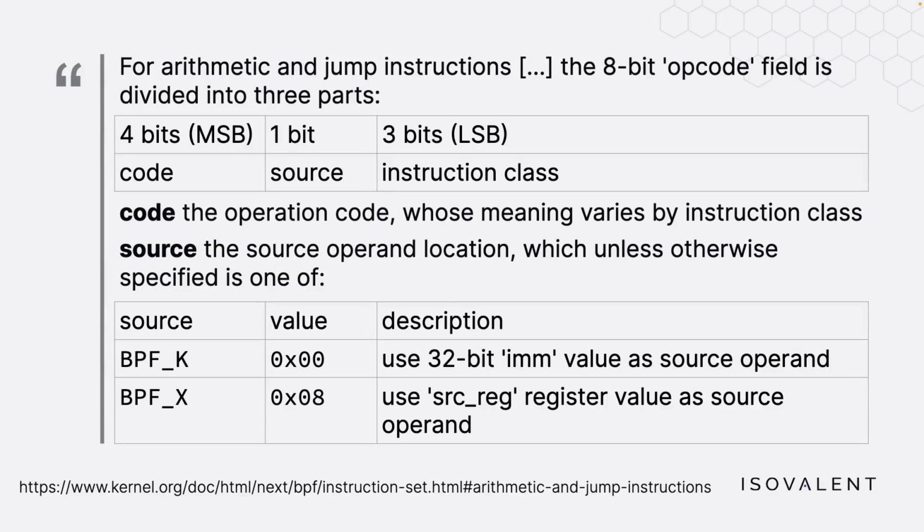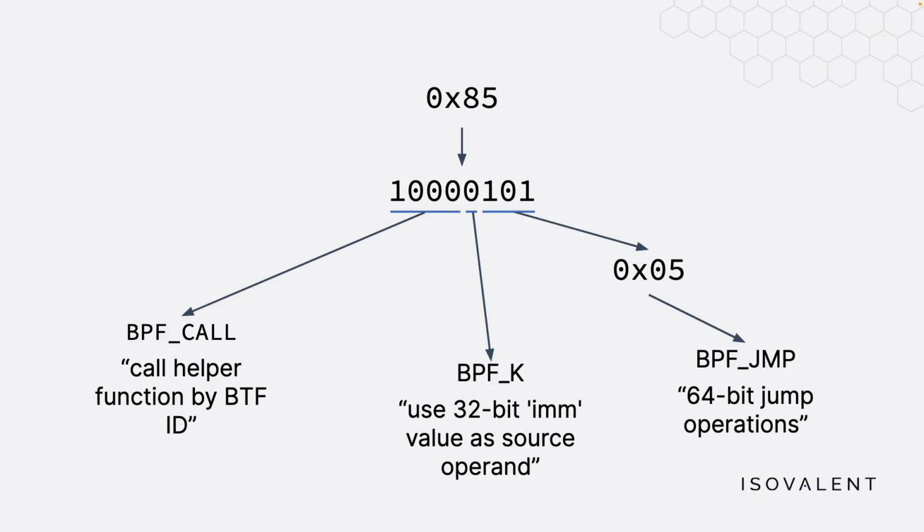If you further read the eBPF specification, it will tell you more about how this code is interpreted. The first 4 bits are some kind of jump code, and then there is a 1-bit source, which is 0 for immediate value, or if there's a 1 in there, we use a source register. Ours was 0, so that means we're using the immediate value.